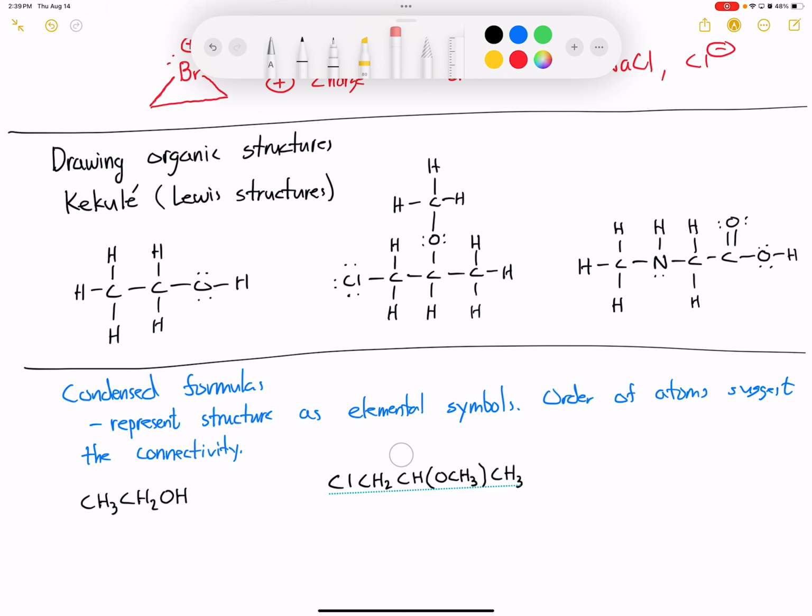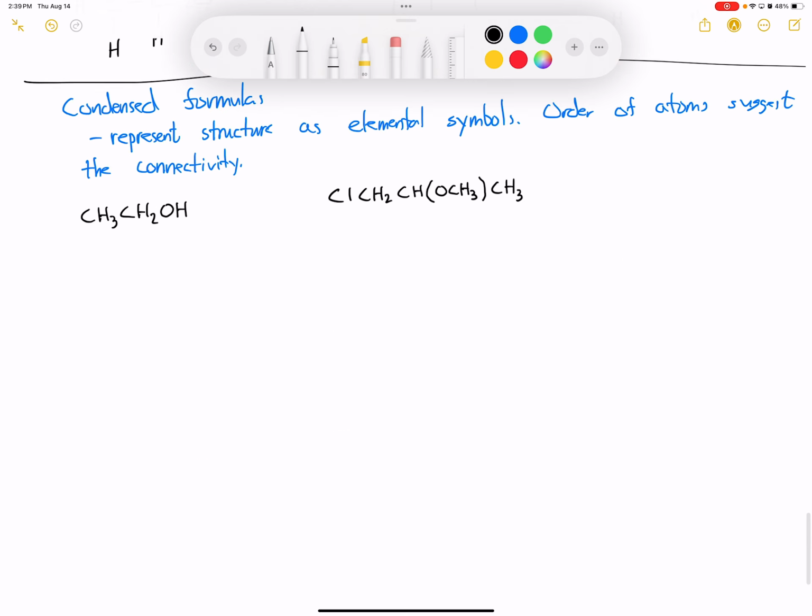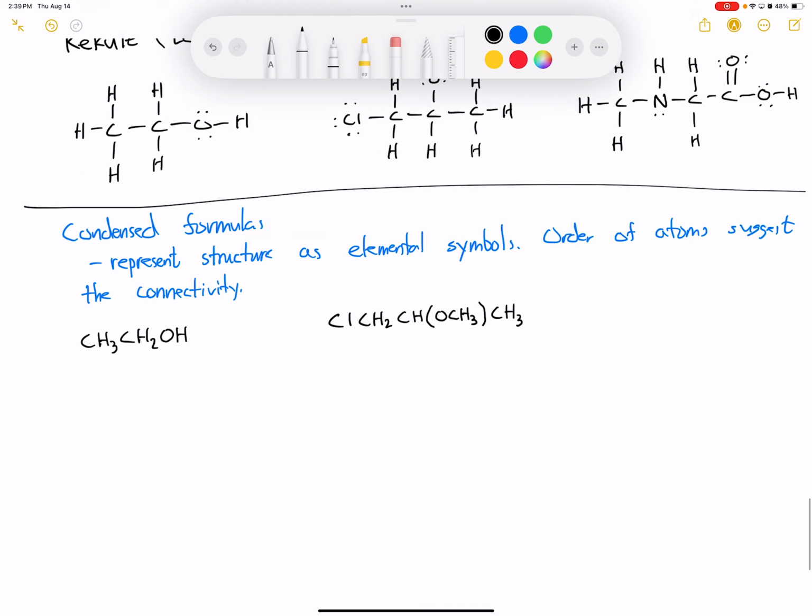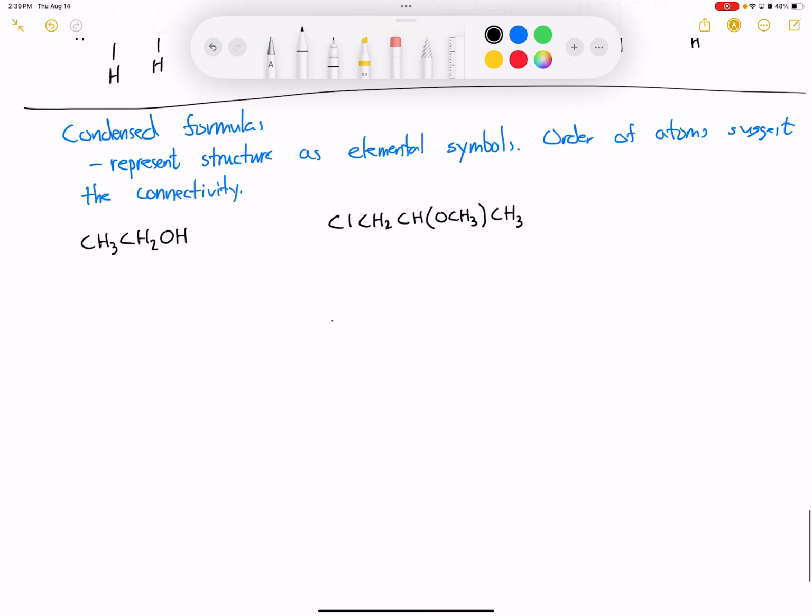So let's do another example here where we have, say we have, okay, let's see, Cl. I'm not going to draw these all out just because I'm illustrating a point. Say you have something like this.